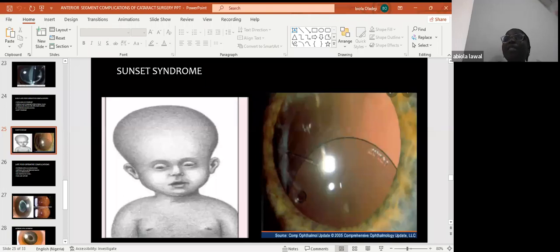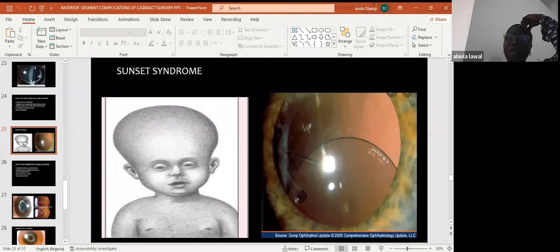It's possible that this fluid accumulated even from the period of the surgery, but did not become apparent until much later. So that's the description for the late presentation of the capsular bag distension syndrome.